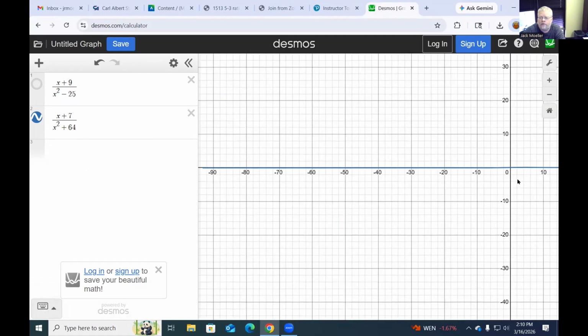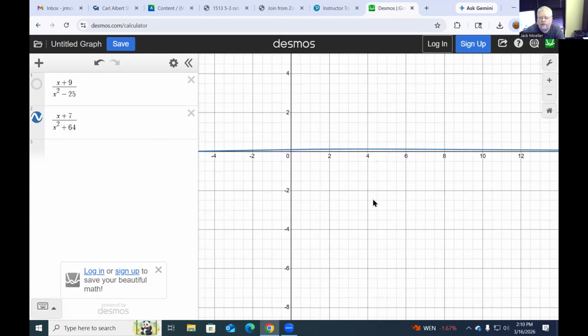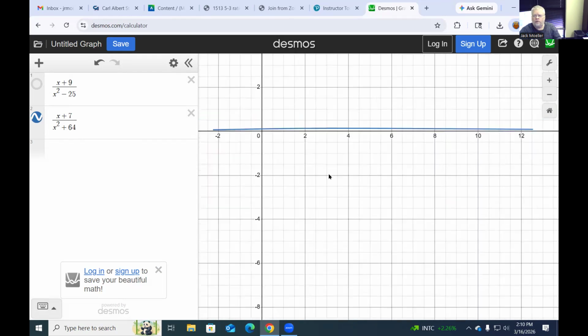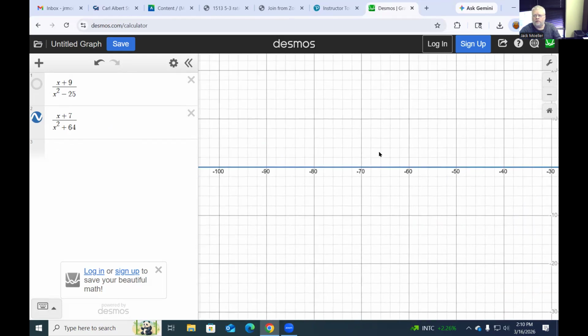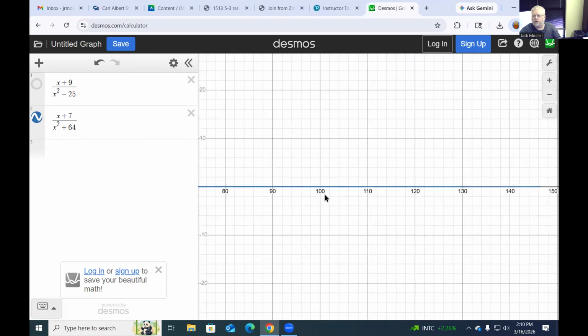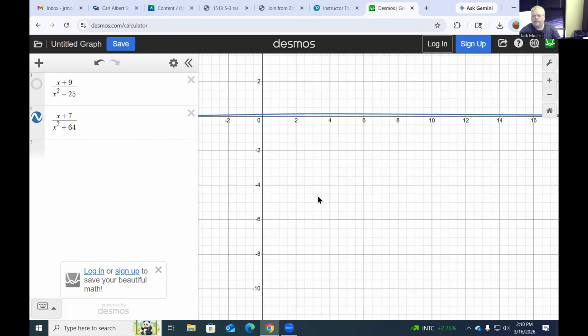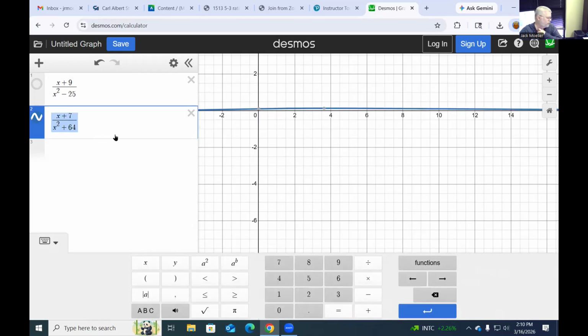If I go left, if I go right, there is no vertical split on this graph. So what's happening? It looks like there is no vertical asymptote, because if it did, it would have to happen around 64. Out to around negative 64 all the way to positive 64, there are definitely no vertical parts in this graph. So what does it mean when we set the denominator equal to 0 and got plus or minus 8i?